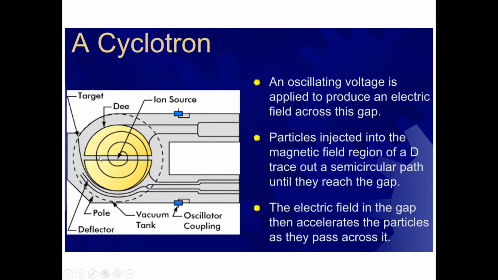When it reaches the gap, the electric field accelerates the particle as it passes across. The particle circles around until it reaches this location, where we apply the electric field, which accelerates it as it passes across.